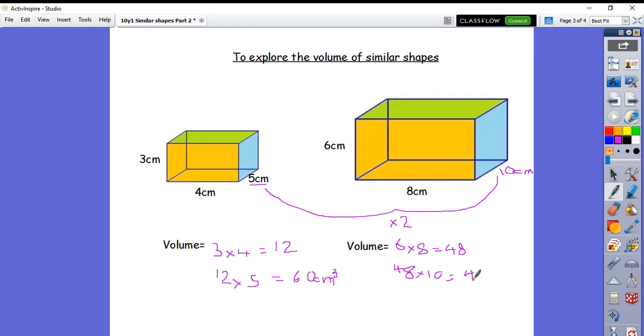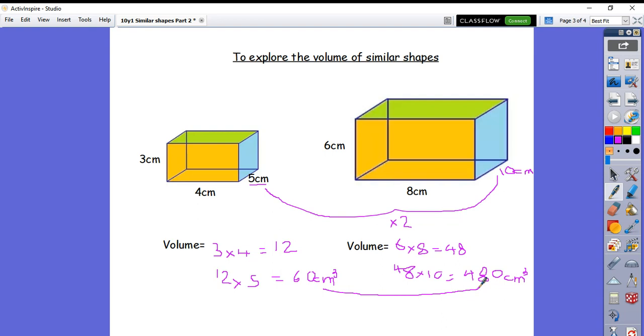So again, I'm looking to see what the relationship is between these two shapes. So how are we getting from 60 centimetres cubed in the first shape to 480 centimetres cubed in the second shape?